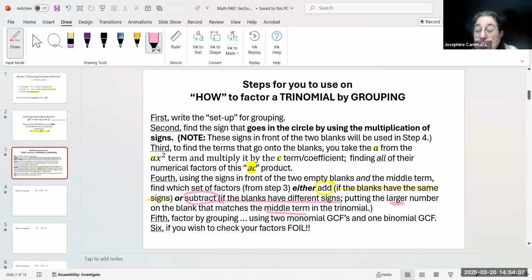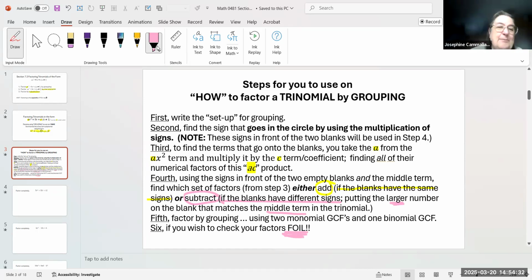And then we're going to group, just like we've been doing from the beginning of this chapter. And remember, you can always check these because factoring is the opposite of foiling. So if you foil your answer and don't get what we started with, then you know you've done something wrong.